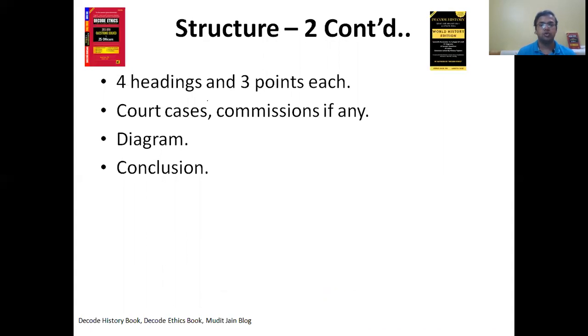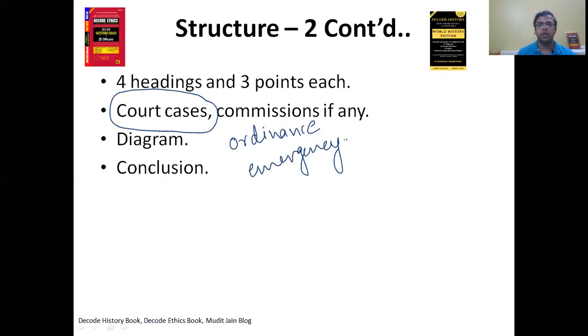Now, I am sure if you have read polity, you would know court cases related to ordinances, you would know court cases related to emergency. So, as I told you in the beginning, historical cases of importance can be picked from your static source like Lakshmikant itself.